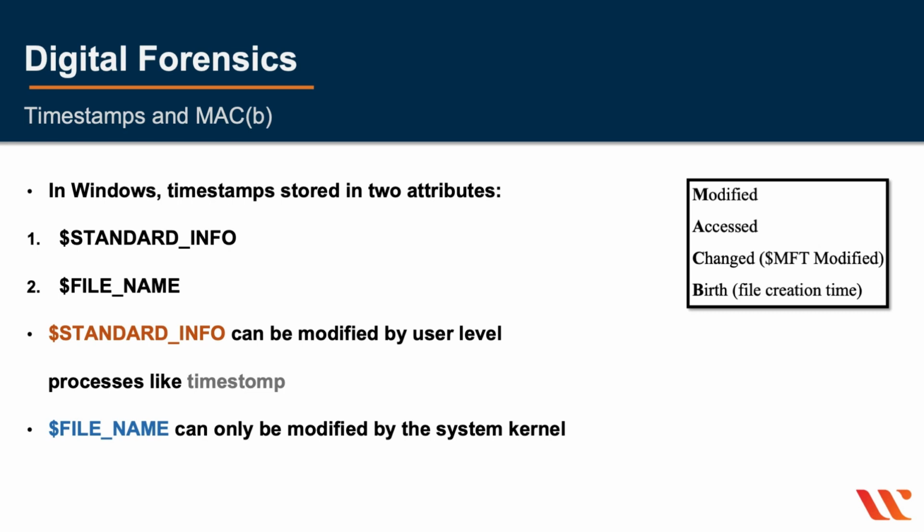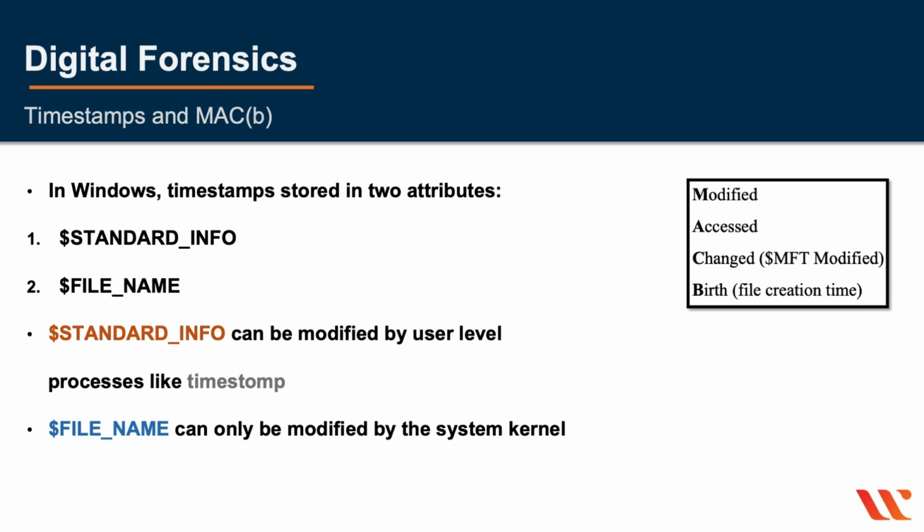One is the standard info and the other is the file name, and it's important to know the difference between these two. The standard info stores the file metadata like the flags, SID, the file owner, and the MAC-B. The standard info is collected by Windows Explorer, so it has the machine, timestamp, and all the other information that's useful for the system.